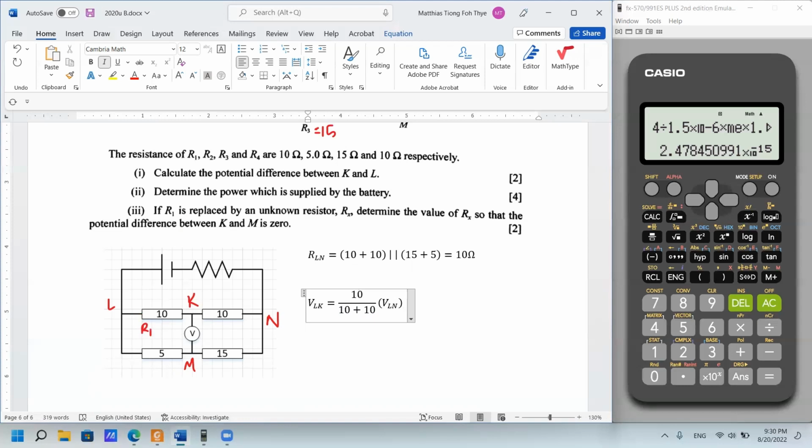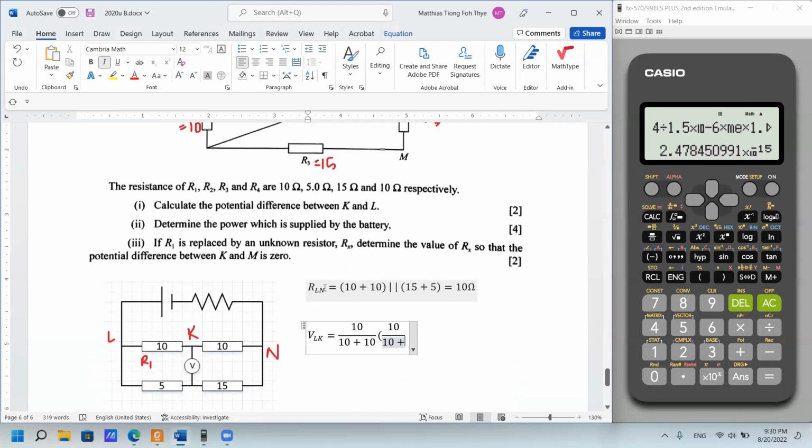The voltage across LN can also be obtained by the potential divider between the effective resistance and the total resistance. The effective resistance is also 10 ohm, divided by 10 plus the internal resistance, which is 1.5 ohm, multiplied by the EMF of the battery.